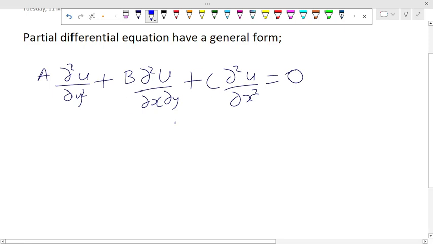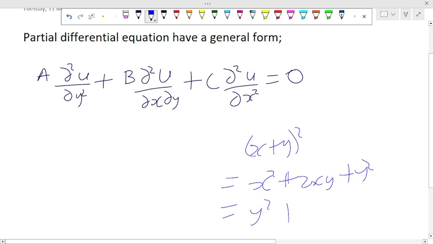It looks like the expansion of (x plus y) squared, which gives us x squared plus 2xy plus y squared. If you write the y first, you have y squared plus 2xy plus x squared. So the denominator looks like partial y squared, then partial x partial y, of course 2 is a constant, then partial x squared.